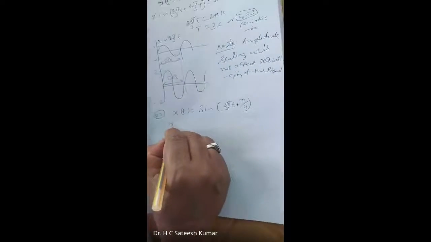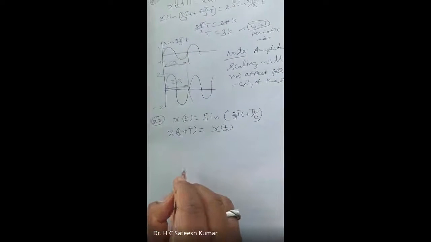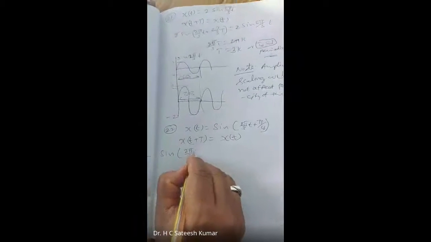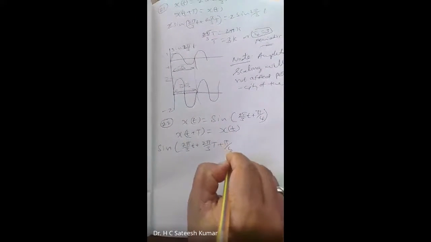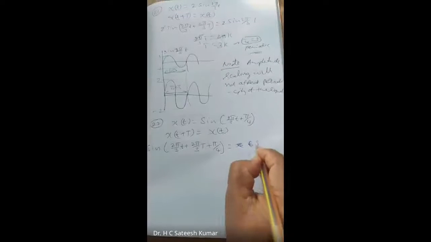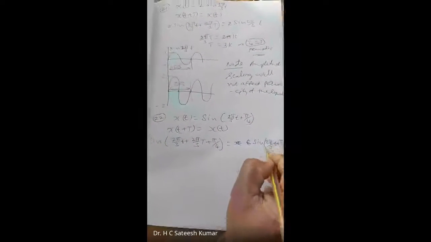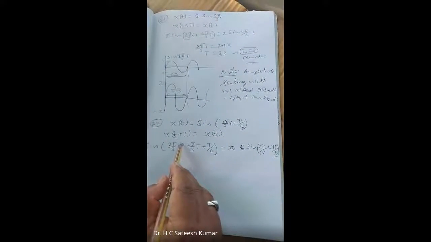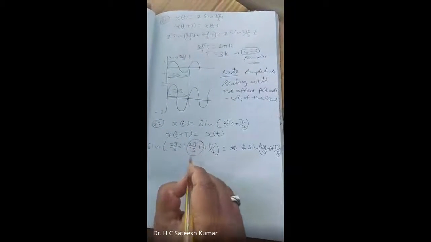Now, x of t plus T is equal to x of t is the condition for periodicity. x of t plus T is sine of 2 pi by 3 t plus 2 pi by 3 capital T plus pi by 4, which is equal to x of t, that is sine of 2 pi by 3 t plus pi by 4. When these two are equal, in place of pi by 4 we have pi by 4, and in place of 2 pi by 3 t we have 2 pi by 3 t. Only this term should be equal to what?